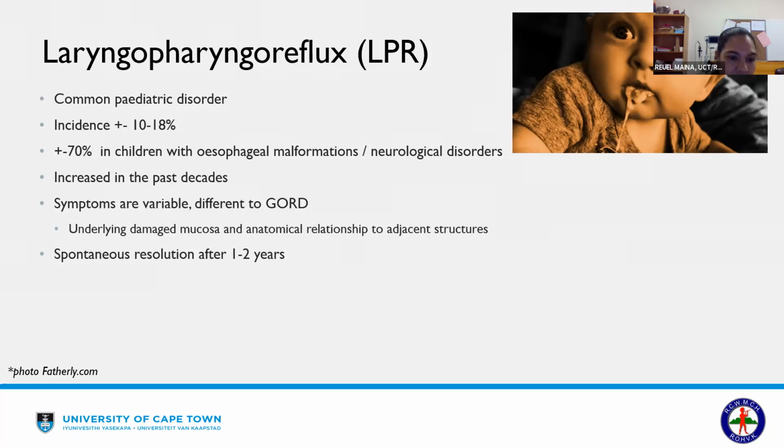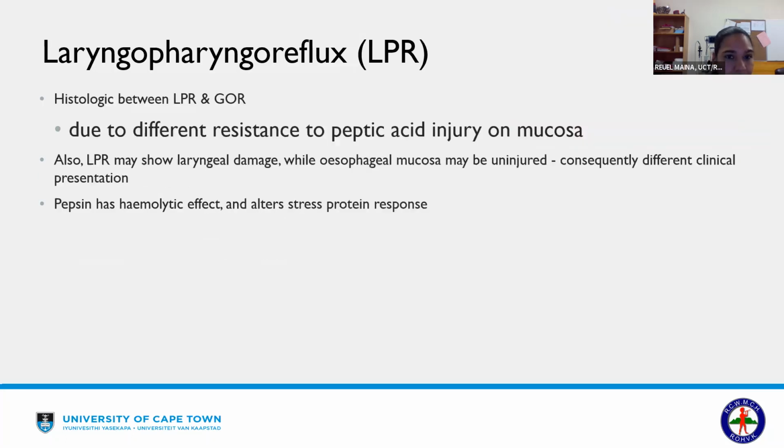Symptoms are variable and different to gastroesophageal reflux disease, and often result in underlying damage to the mucosa and adjacent structures around the larynx. Patients in the general population often have spontaneous resolution 1 to 2 years after the onset of LPR.